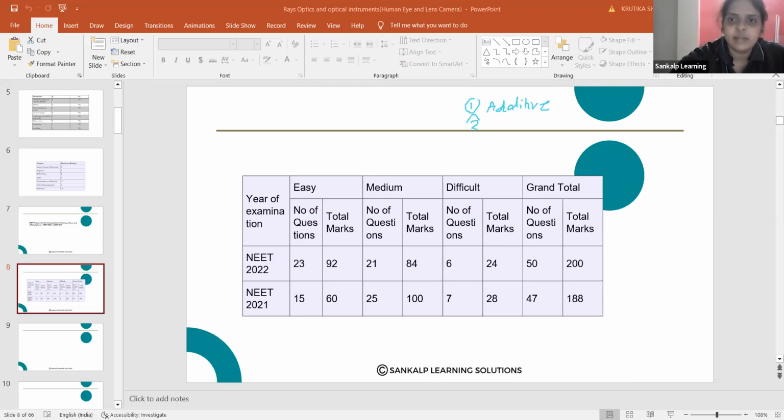Second, charge is conserved. Then the third property is that charge is quantized. So these are the three basic properties of the charge.